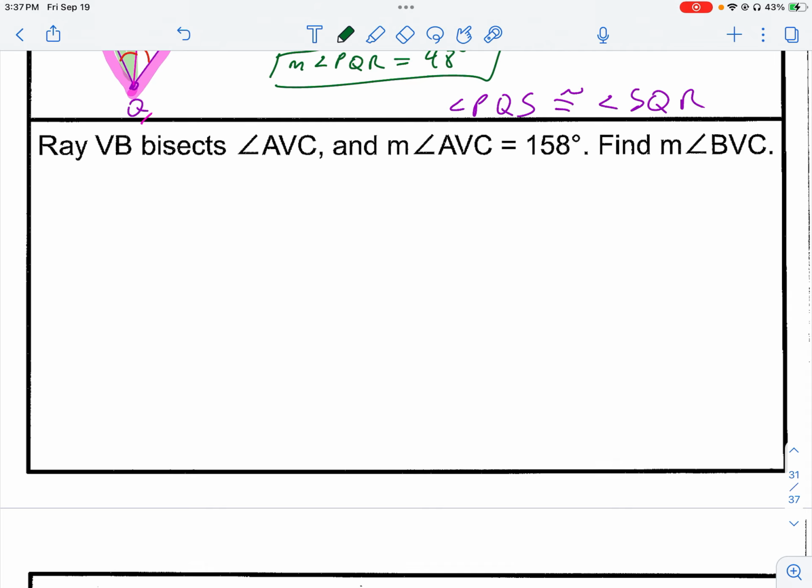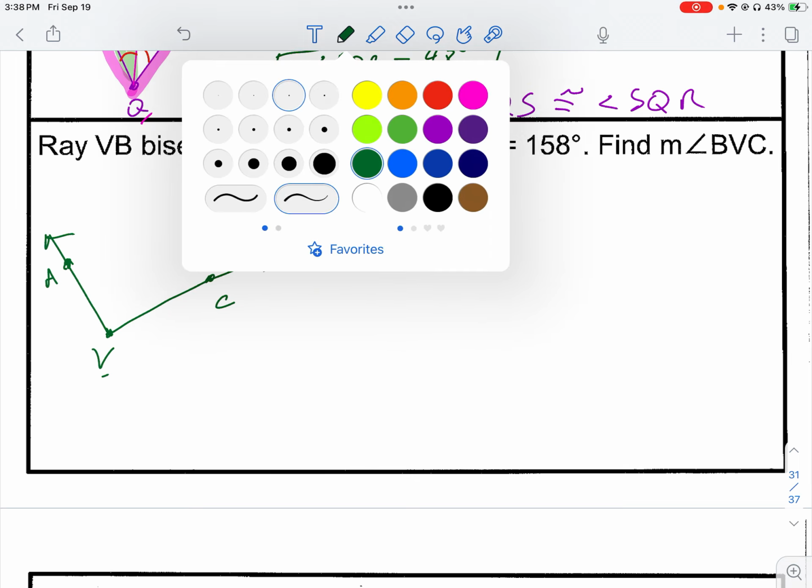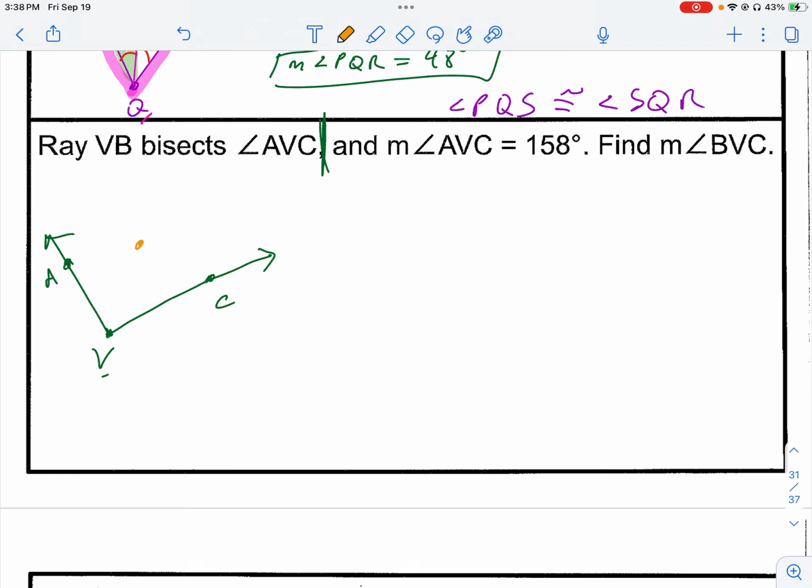Let's do it again. So once again, we're going to stop right here and see what we have. So we have angle AVC. Let's draw angle AVC. AVC. Ray VB. Here's my V. So I need a B here, or about there.